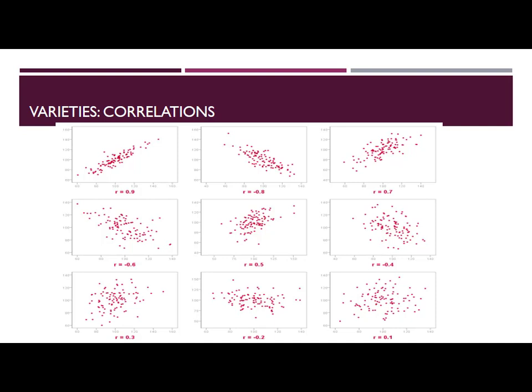Now let's talk about the strength. Take a look, it says 0.9. Well, when we're talking about correlations, when we go either to a -1 or a +1, we're moving toward a line that is straight. So a value of 1, r equals 1, would be a perfectly straight line where for each movement of the independent variable, you have an equal movement of the dependent variable on the y.